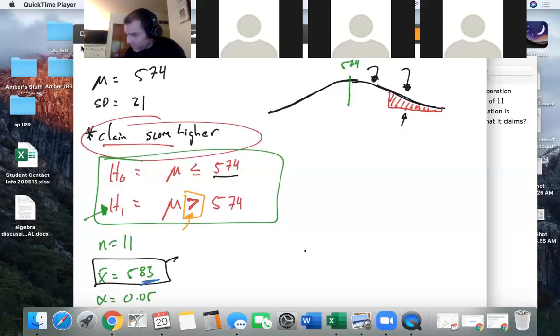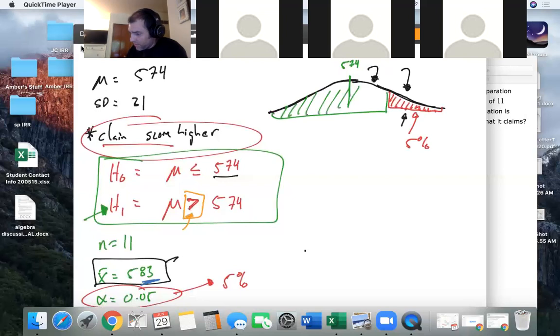Now, some of the other things that we've been told, we have this alpha level, okay? And what this is saying is, number one, we're taking a 5% chance of being wrong. So this is the same as 5%. What this means is that this area right here is 5% of the distribution, which means that all of this area is 95% of the distribution, okay?